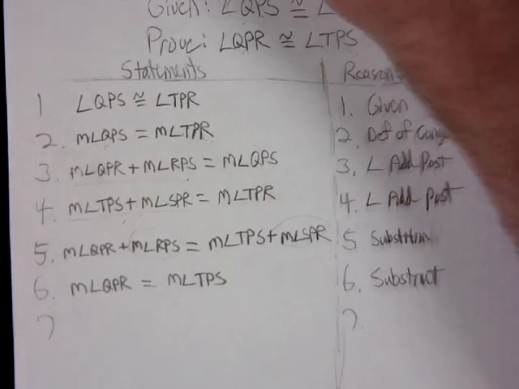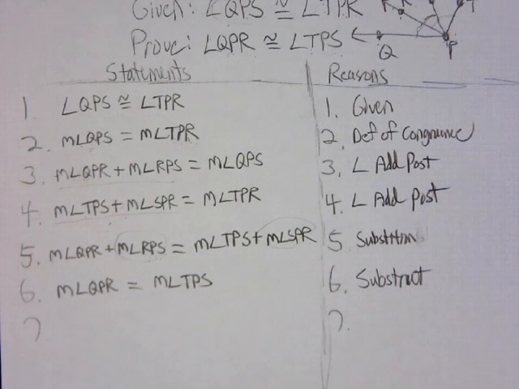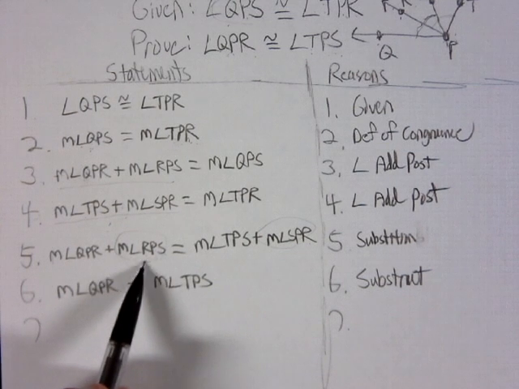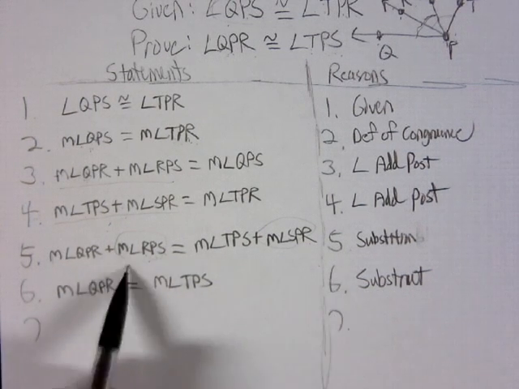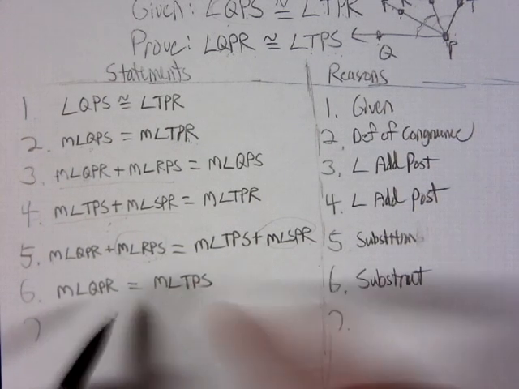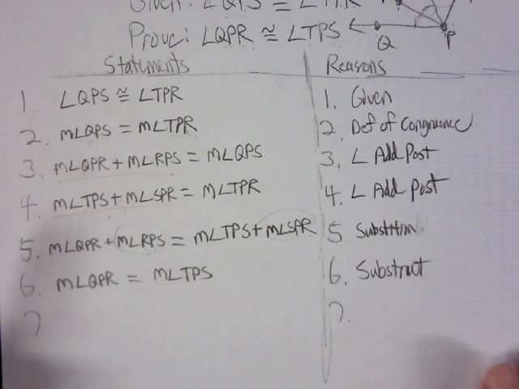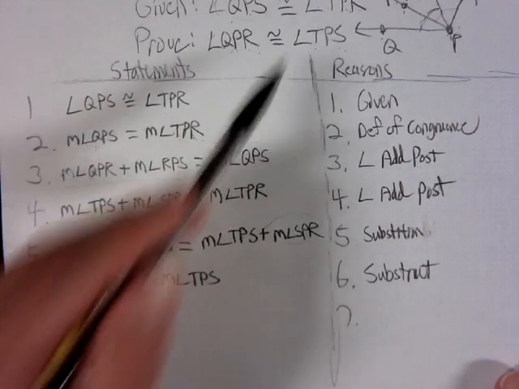Now remember what we said when we first started doing proofs? Eventually we were going to do the subtraction and the substitution in the same step. So I didn't have to subtract RPS from both sides and write that out and then simplify it in the next step. I just subtract and simplify it in one step and called the whole thing subtraction. Okay? Now we're not quite finished. I've got to change it back from equal to congruence.